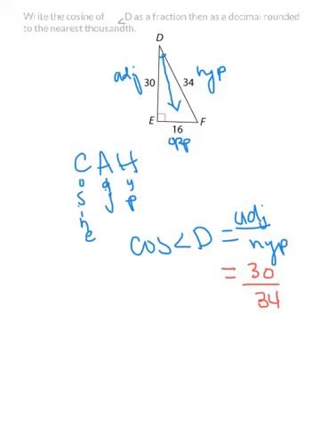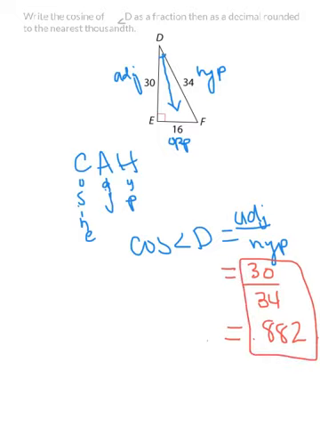So plugging that into my calculator, I get 0.8823 and a whole bunch of other numbers, and rounding it to the nearest thousandth, I'm going to say that cosine of angle D is equal to 0.882. So both of these are now my final answer.